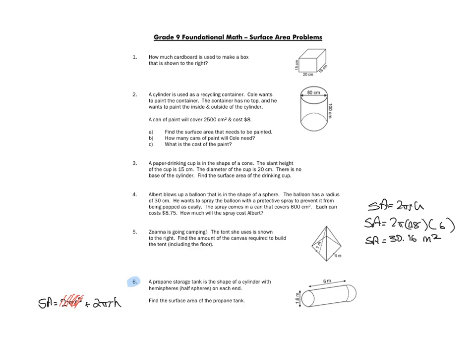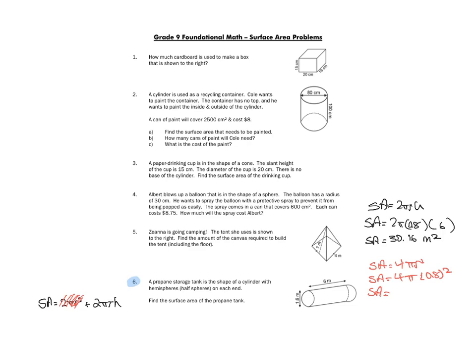It will be a whole sphere, so we can definitely do that on its own. The surface area of the sphere would be 4 pi r squared. So that's 4 pi, the radius is 0.8, squared.